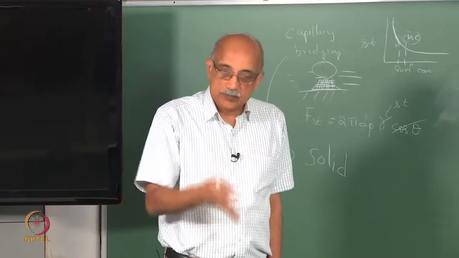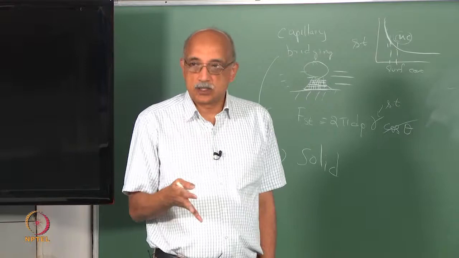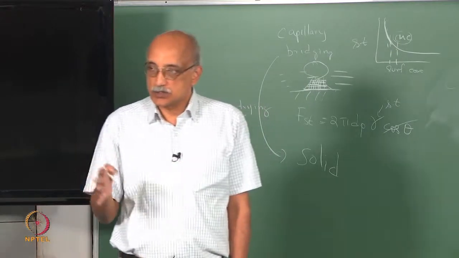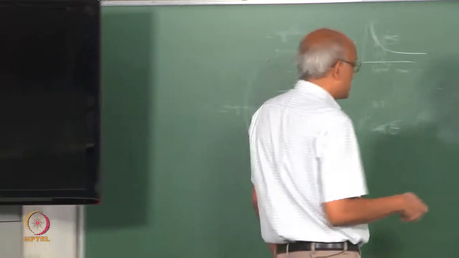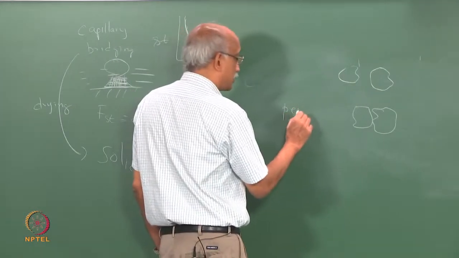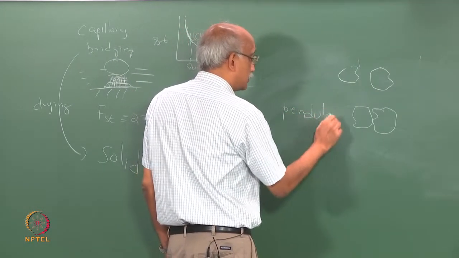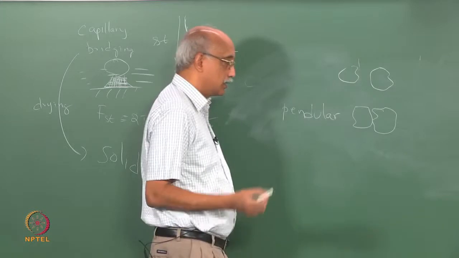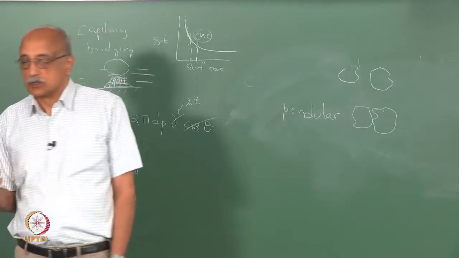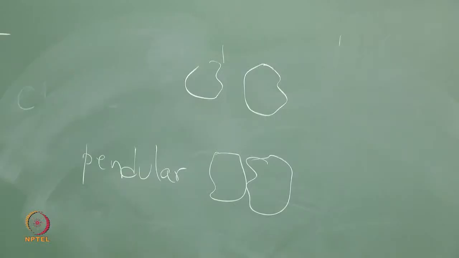The interface between these two particles is wetted, and there is continuity between the surfaces, and this is called the pendular state. A pendular state involves two particles that have started to come together due to cohesive effects.